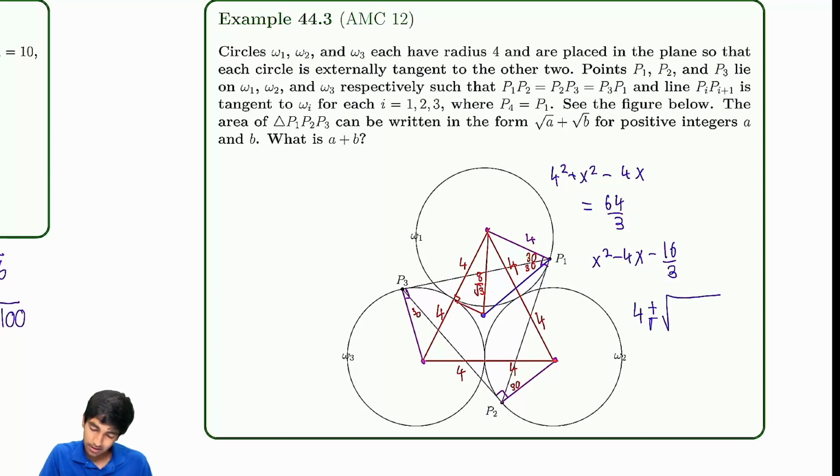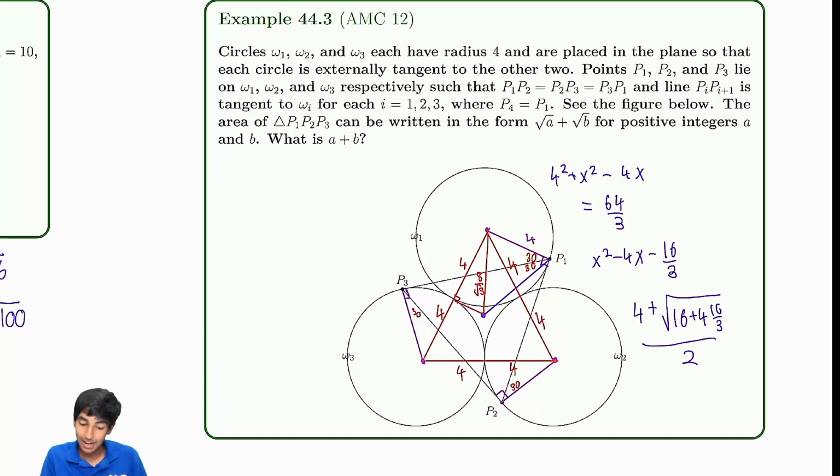4 plus or minus, and 90% of the time in geometry problems, it's just going to be plus. Very rarely it's going to be minus. To decide between plus or minus, just see which one makes sense in this problem. Obviously, negative lengths don't make sense. So 4 plus or minus the square root of b squared, and then we add 4 times 16 thirds. So 64 thirds plus 48 thirds all over 2.